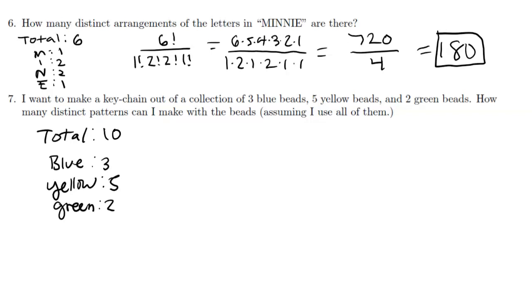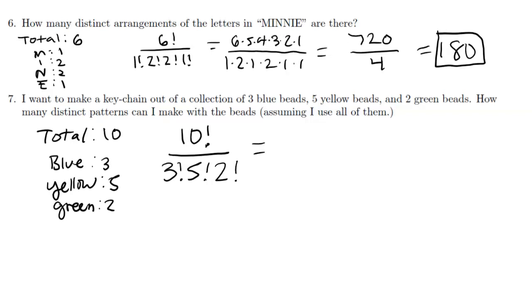So a total of 10 beads that we're going to make an arrangement of. Because if we think about it, a distinct pattern is really just a distinct arrangement. So then the total goes on top according to our formula, and we take this factorial, and then we multiply the factorials of all the types on the bottom. So 3 factorial, 5 factorial times 2 factorial.